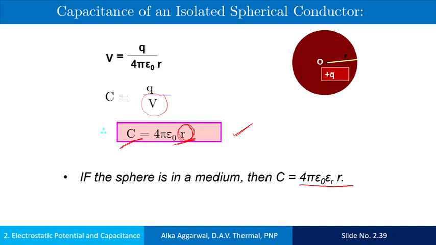So it is time to find out the capacitance of the earth. As the radius of the earth is 6.4 into 10 to the power 6 meter, put the value in this formula, and value of 1 upon 4 pi epsilon naught is 9 into 10 to the power 9.